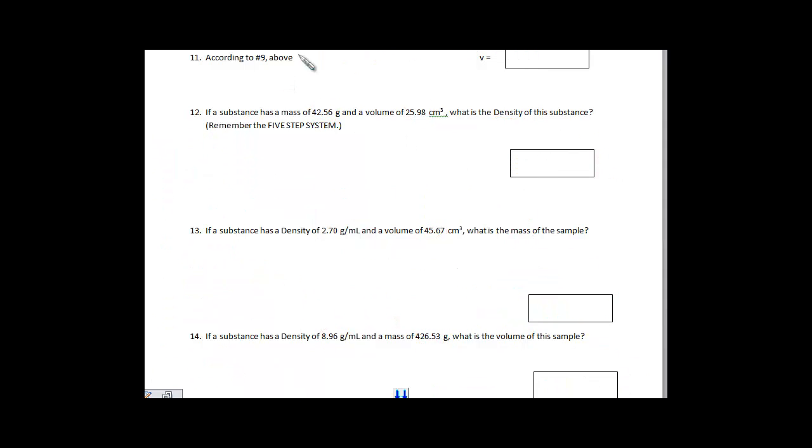Okay, so now here we're looking for volume again. Density equals mass over volume. Now, if you have trouble solving for variables that are in the denominator, then what you want to do is just invert both sides. You can say then that 1 over d equals v over m, and the v is no longer in the denominator.